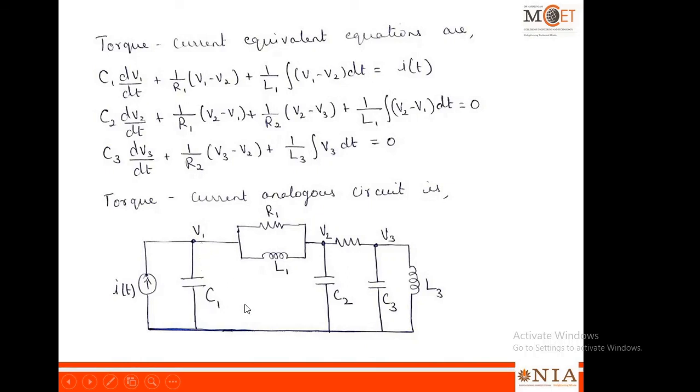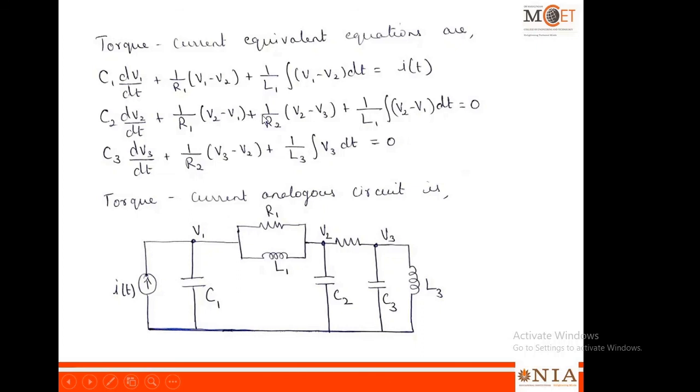So these three capacitors are only connected to these nodes. It is not common between two nodes. It's actually connected between node and the ground. The common elements were connected between the corresponding nodes. This is actually R2. So like this, you draw a circuit which satisfies these three equations.